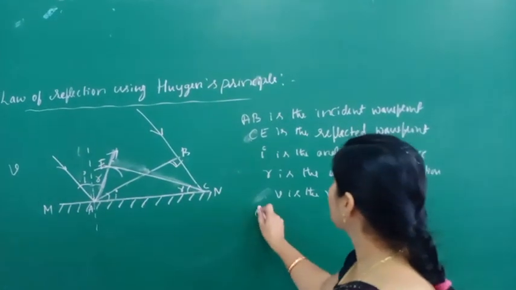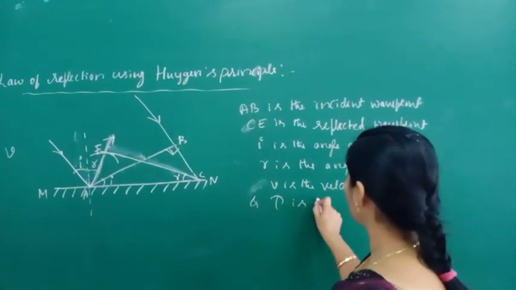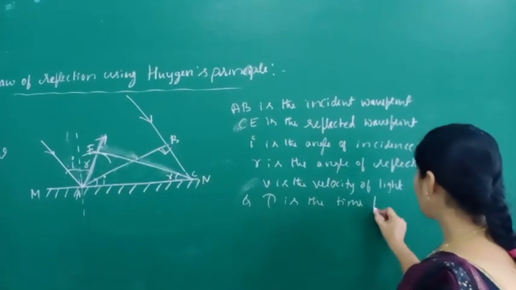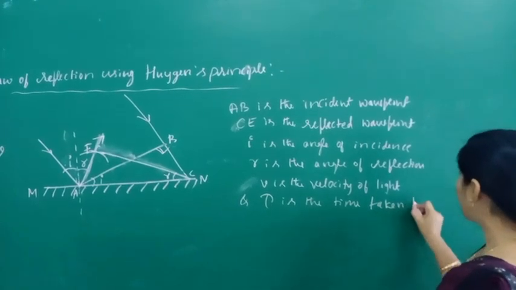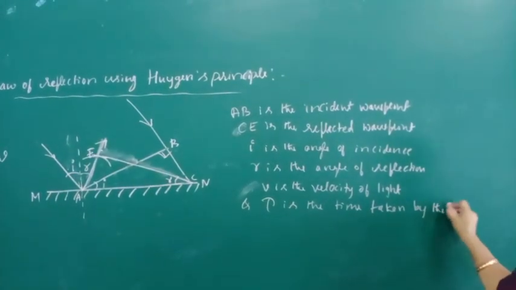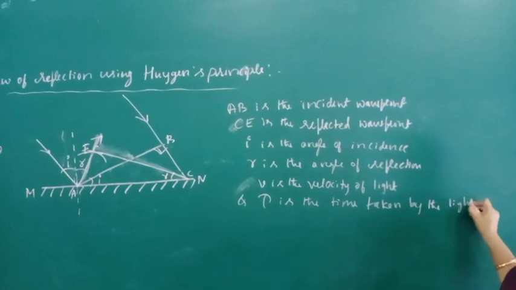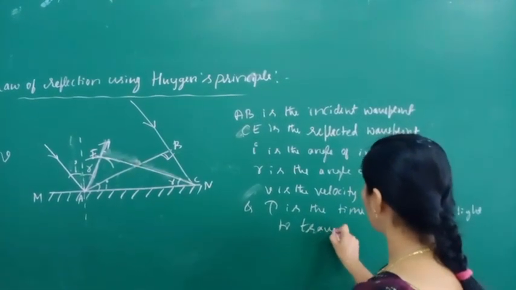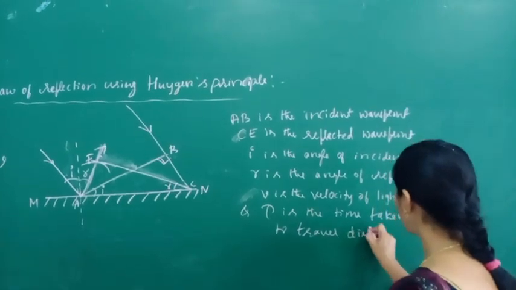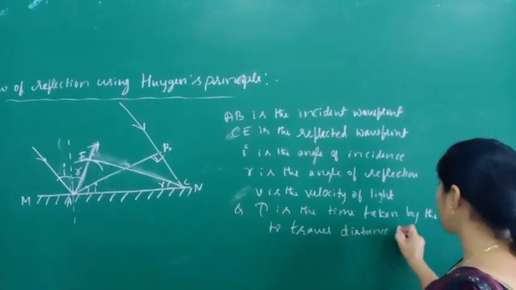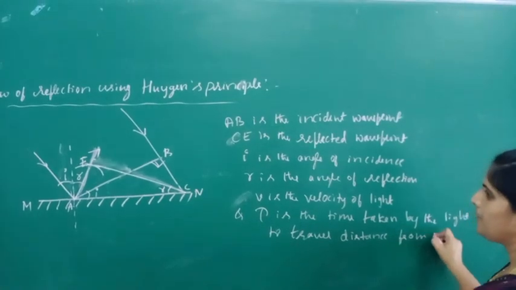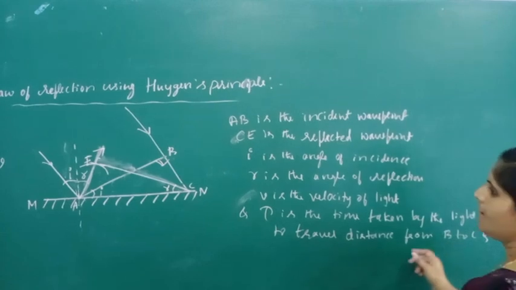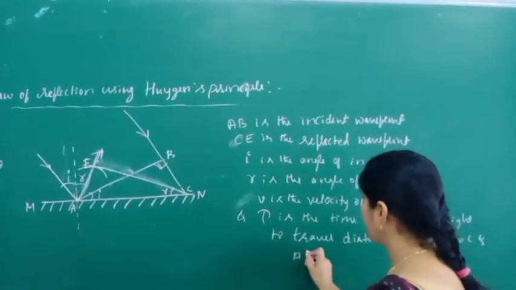And tau is the time taken by the light to travel the distance from B to C and A to E.